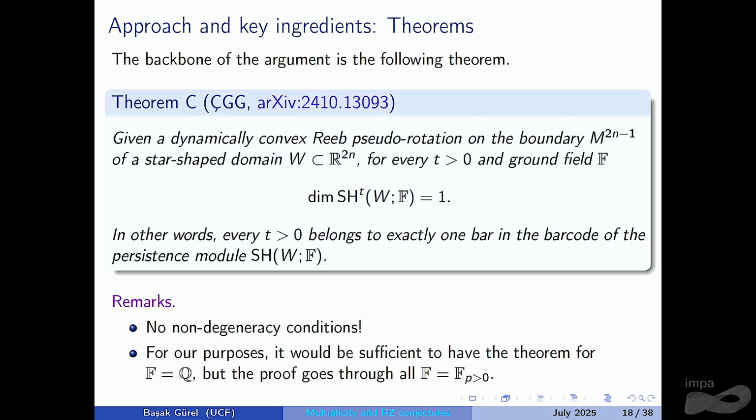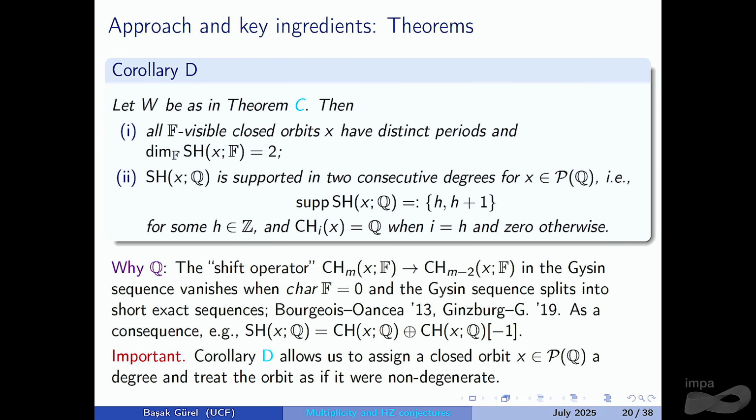If you had two distinct orbits with the same action, you would immediately get that this dimension is at least 2, for example. So corollary D is a rather immediate consequence of this. Let me go back here. And then this one will follow from the Gysin sequence, basically from the fact that we have this direct sum here.